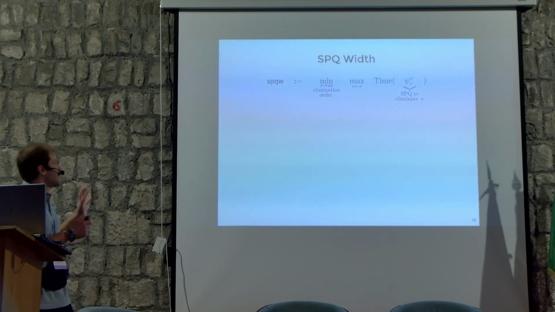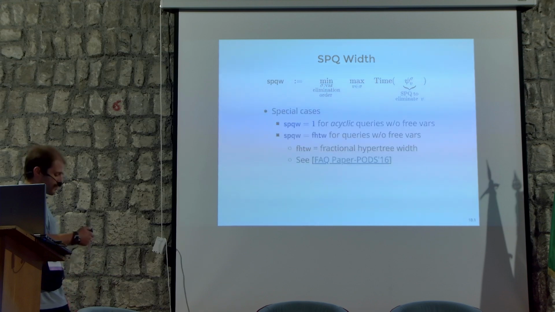This definition is just an abstract definition that, for a given SPQ, will tell us the best runtime exponent in which we can solve this SPQ. And this definition gives us a value of 1 for acyclic queries, just like the 3-path query that we looked at earlier.